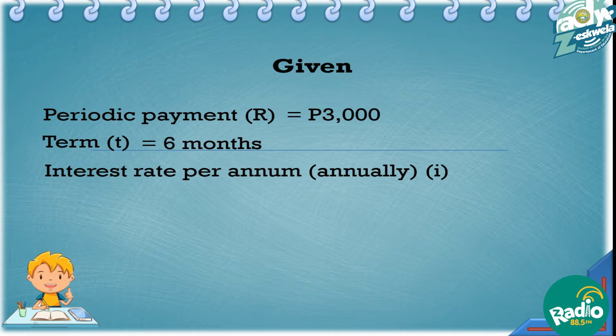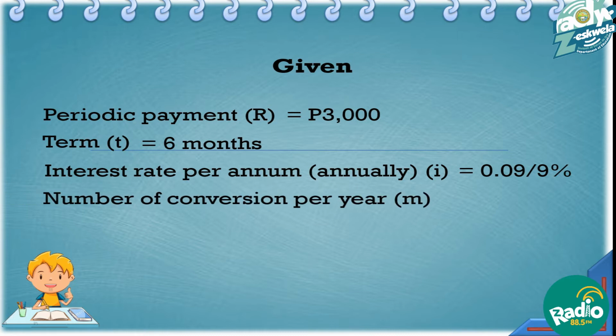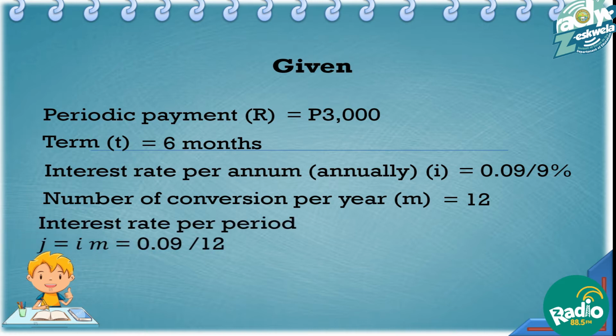The interest rate per annum, or small letter i, is equal to 9%, converted into decimal, that is 0.09. The number of conversions per year, represented by m, is equal to 12, since it is compounded monthly and there are 12 months in a year.